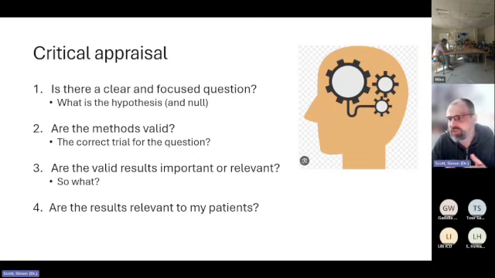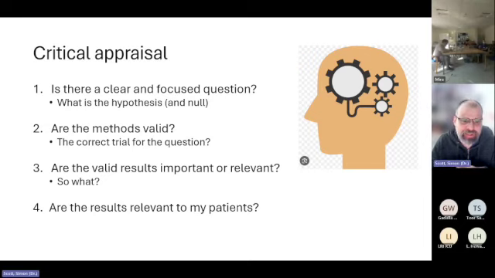That's a hypothesis. The null hypothesis is that acute salbutamol does not improve outcome in asthma, and statistically, there is no difference in patients receiving salbutamol or not in acute severe asthma. So it's really important that whatever paper you read, you can make sense of what the hypothesis is.